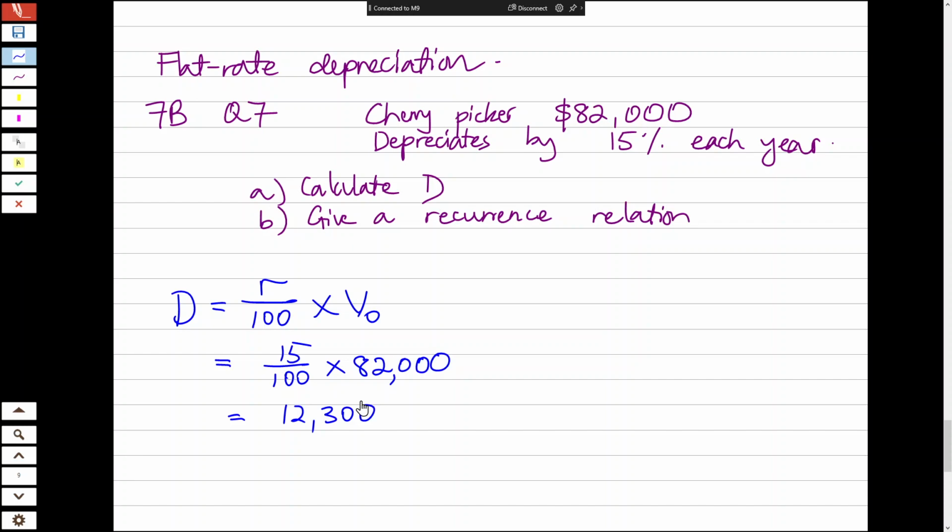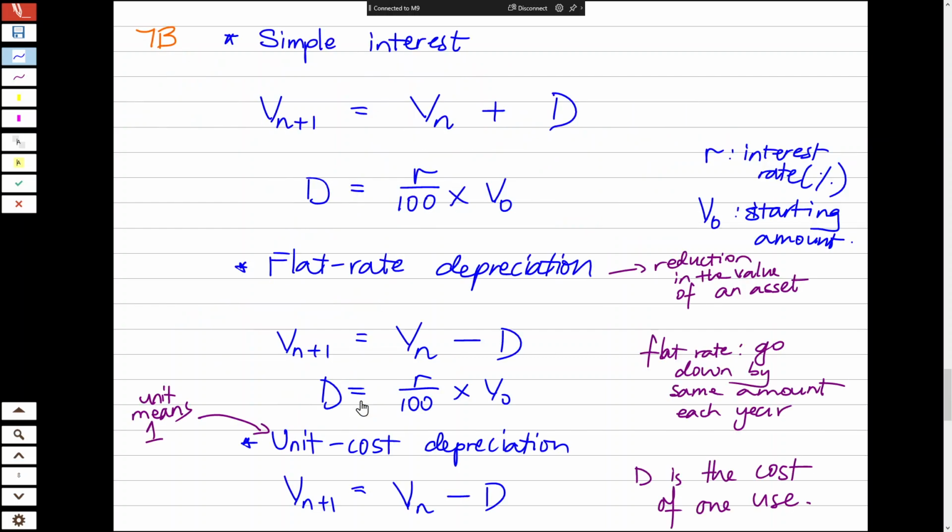Yeah. So I think I need to go back a step because I didn't explain this. What does D represent? How much is going down by? So notice this time, I'm not adding D the way I was with simple interest.